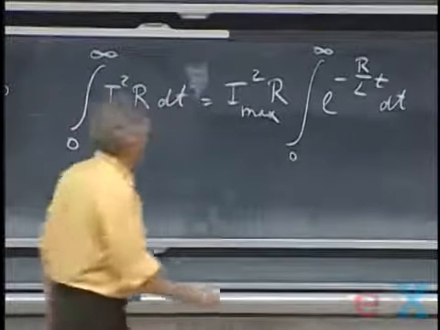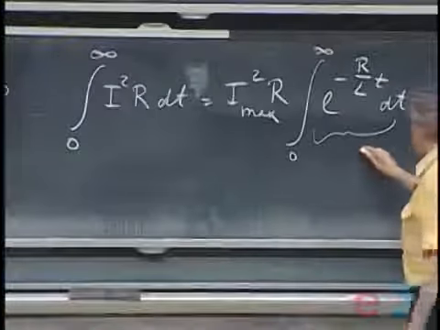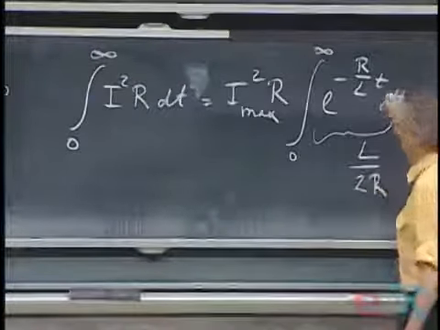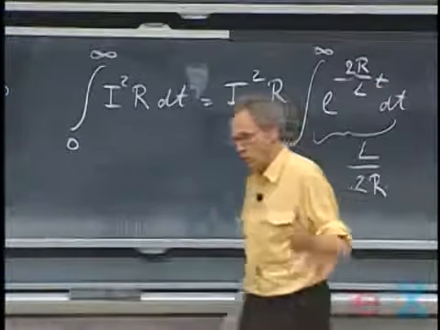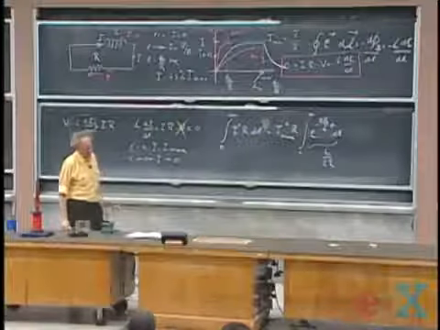And this is a trivial integral. This integral is L divided by 2R. Oh, by the way, it is I squared, so I have a 2 here. That's very important. Don't forget the 2. And so that integral is L divided by 2R.